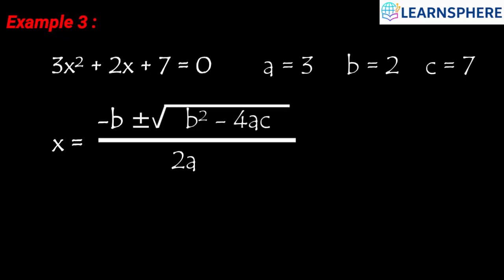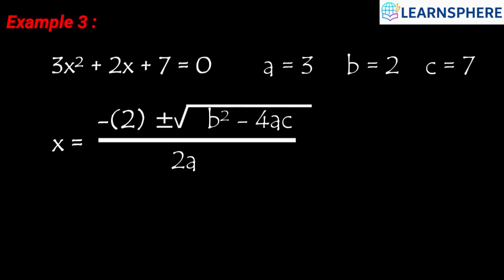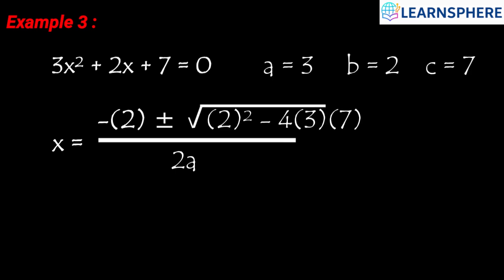x equals minus (2) plus or minus the square root of 2 squared minus 4(3)(7), over 2(3).